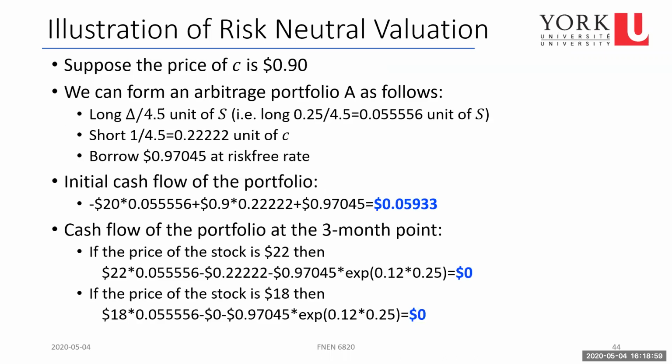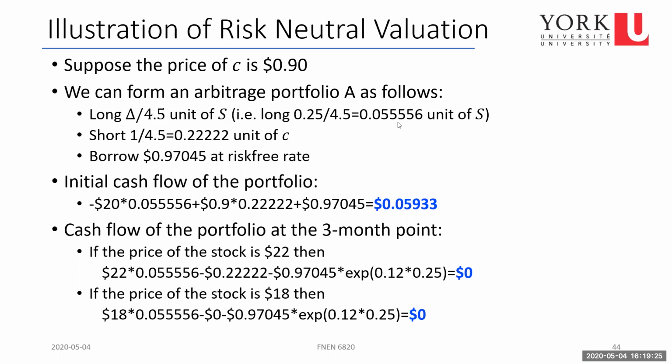Well, if the market is trading asset C at 90 cents, there's actually an arbitrage opportunity here, because you can long delta divided by 4.5 units of shares.